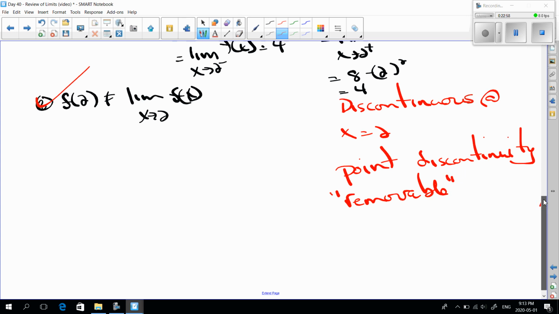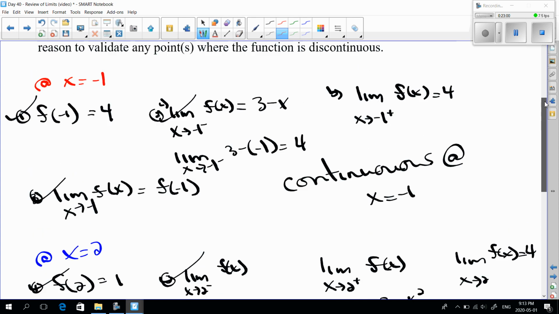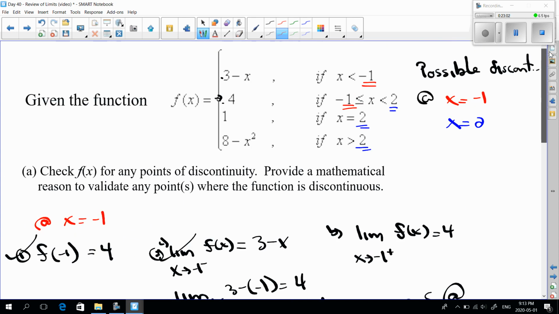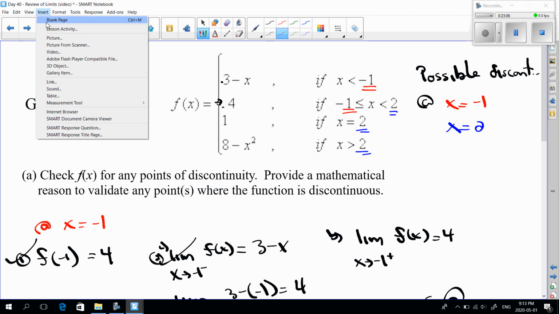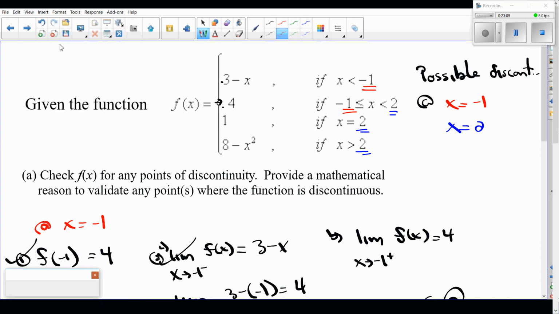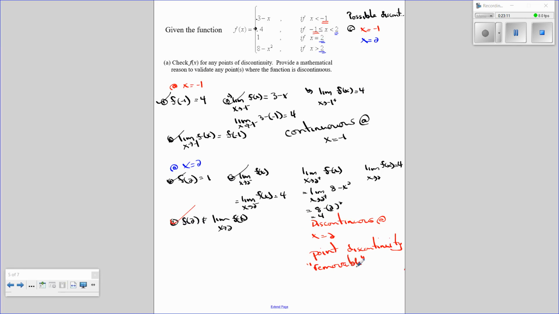All right. If you were asked to sketch that curve, this is what it would look like. And you can see that when I draw the curve, it'll prove it's discontinuous at x equals 2.